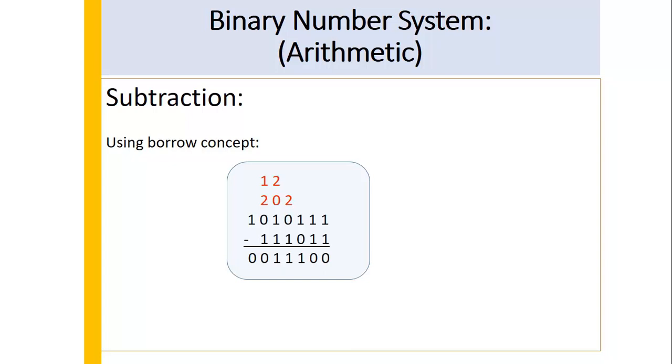So 0 is less than 1. Therefore we take a carry from the immediate next bit on the left. If we carry 1, it comes as 2. By 2 we mean there are 2 ones, because a binary number doesn't have a number called 2.